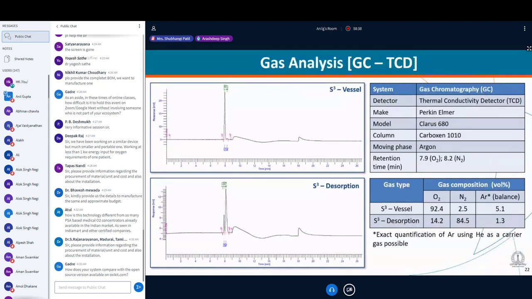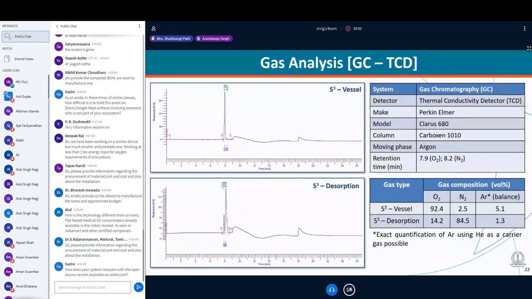The details of the gas chromatography system we are using are in the top right table. You can see that the vessel purity from the GC results was also more than 90, 92.4, and on the desorption side we saw that it's around 15. That is what we saw from our sensor as well. So the results are also confirmed by GC trace analysis.